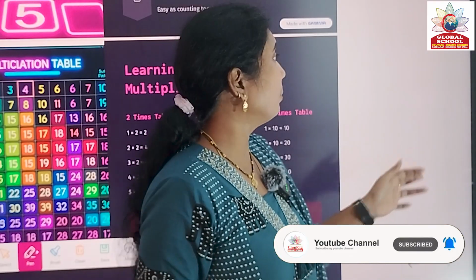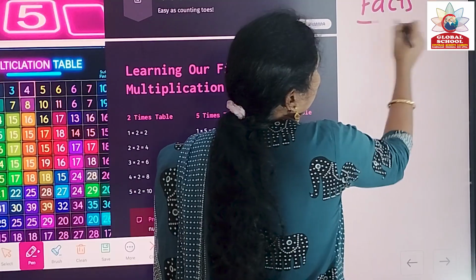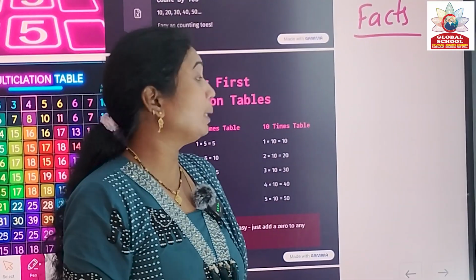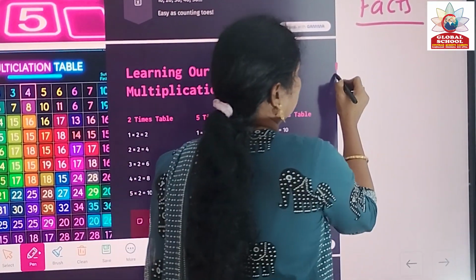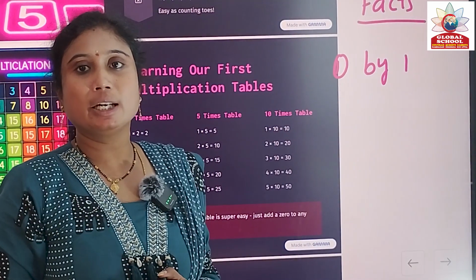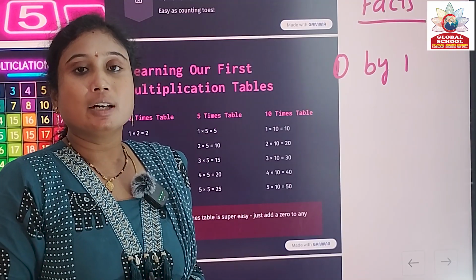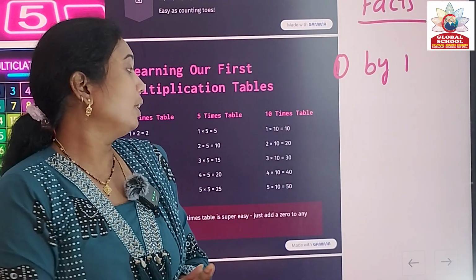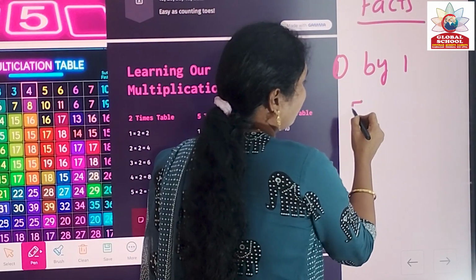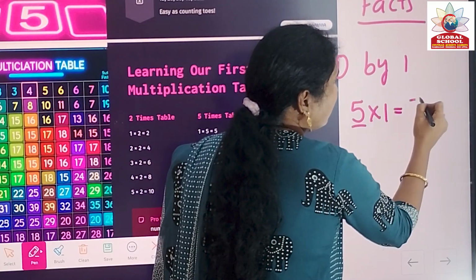About multiplication facts. The first one is multiply by 1. If you multiply any number by 1, the answer is the number itself. For example, if you take 5 and multiply by 1, the answer is 5.